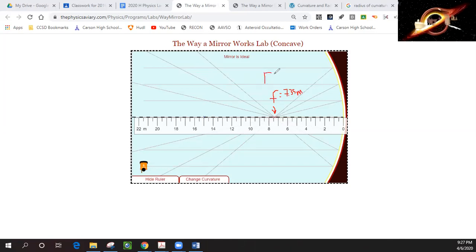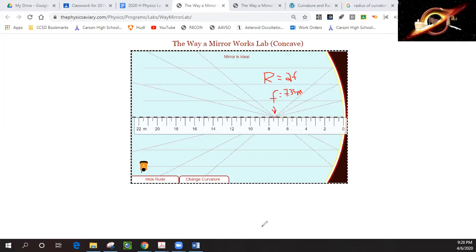That will be the focal point. And then the radius of curvature should be 2 times the focal length. That's the relationship between focal length and the radius of curvature. The focal point, again, is where, after the light rays strike the mirror, they come to a point where they all converge. That's called the focal point.